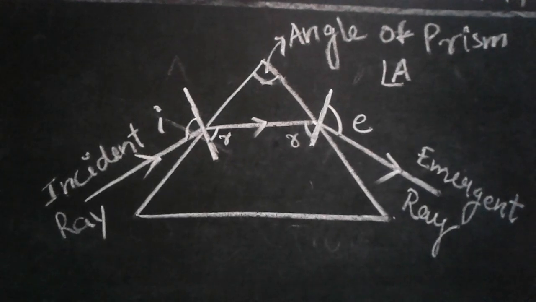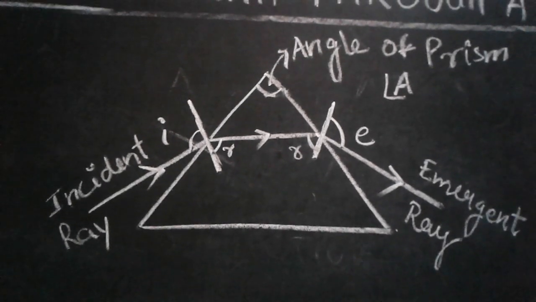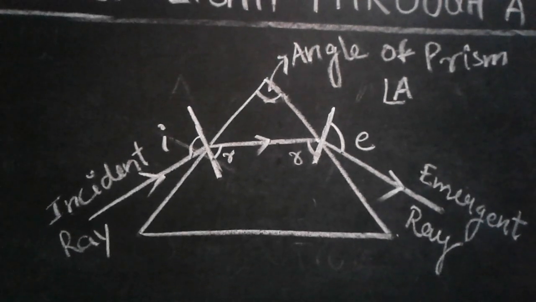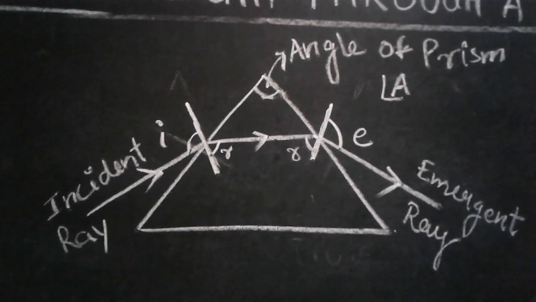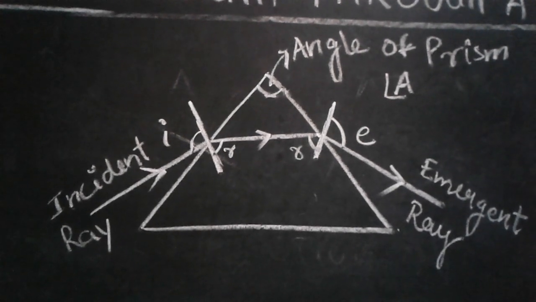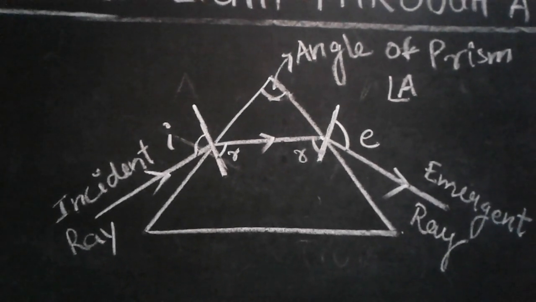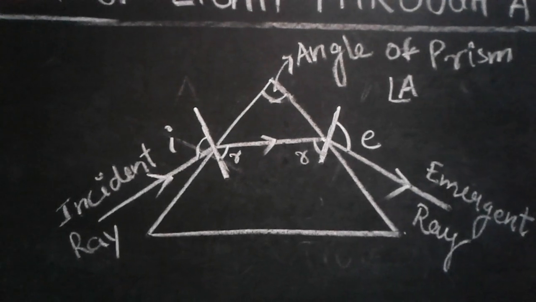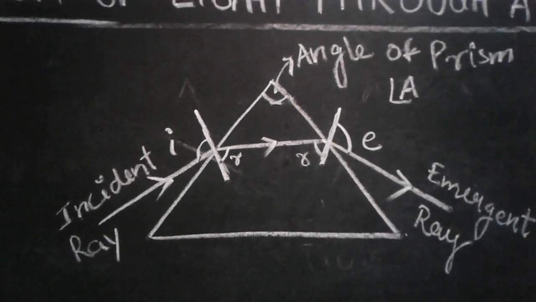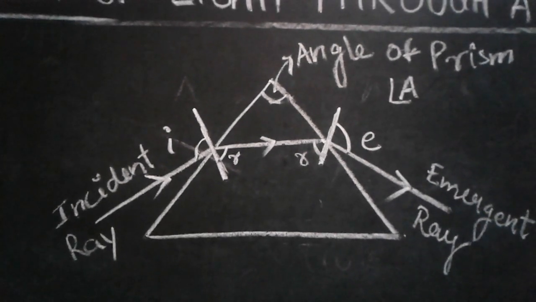Then we have the refracted ray which passes through the glass prism, and after that it emerges out. Therefore the ray is known as the emergent ray. The angle formed between the normal and the emergent ray is called angle E. So angle I, angle R and angle E. Angle R represents the angle of refraction.